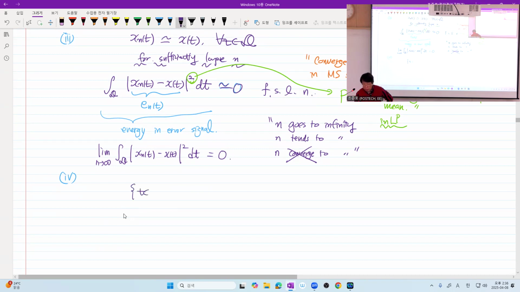We know from the idea of almost everywhere convergence, we want to take the set of t, the time, where the error is greater than epsilon.